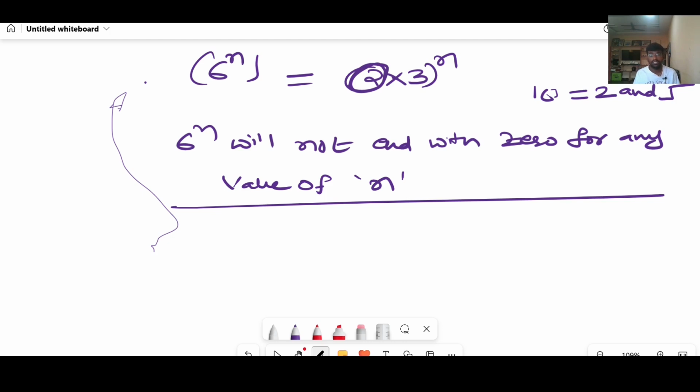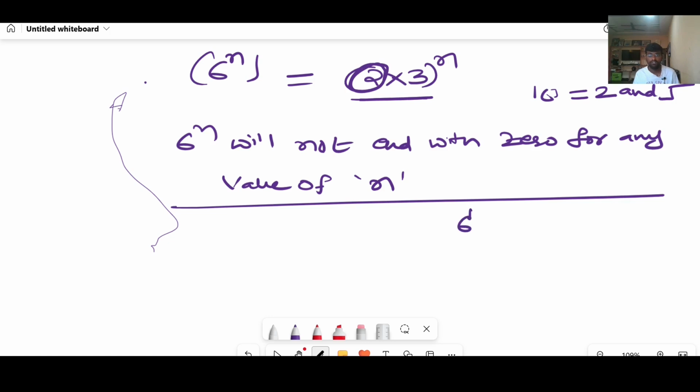You have to write the steps which I have written for 4 power n, or otherwise you can write in your own way, which gives the information about this 2 into 3, right? And also you can observe whether 6 power n ends with 0 or not by looking at the question.